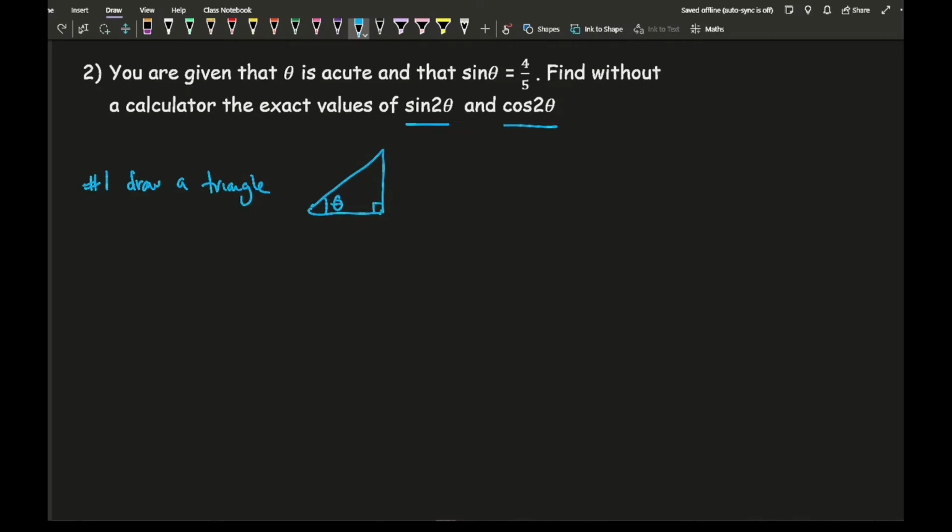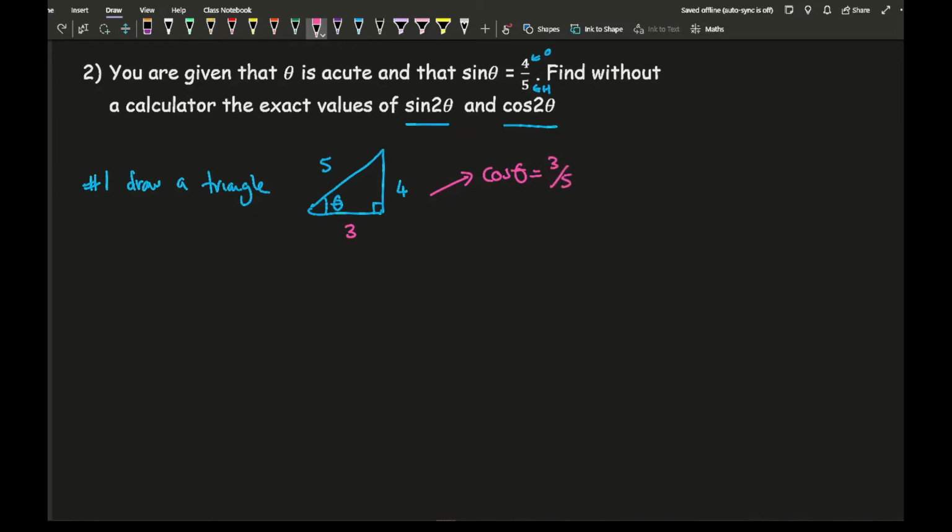From this, we know our opposite and our hypotenuse, so the opposite is going to be 4, the hypotenuse is going to be 5, and then using Pythagoras, I can work out the other side, or the adjacent in this case, which is going to be 3. So here, I know that cos theta is going to equal 3 over 5.